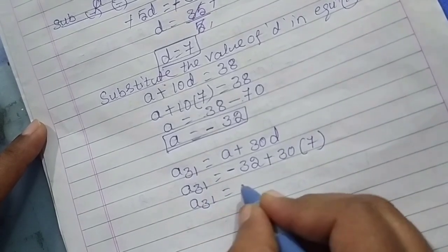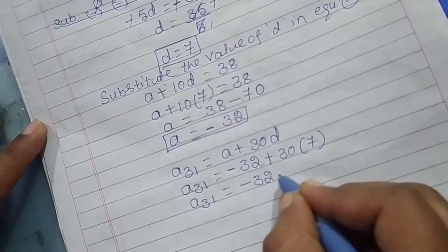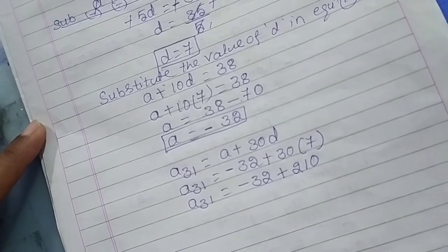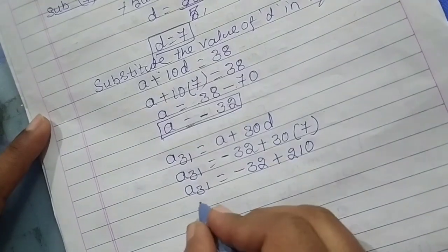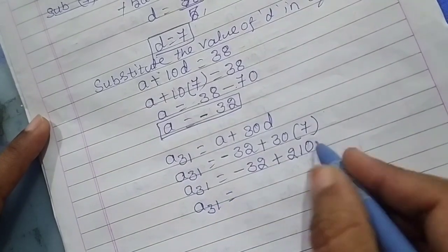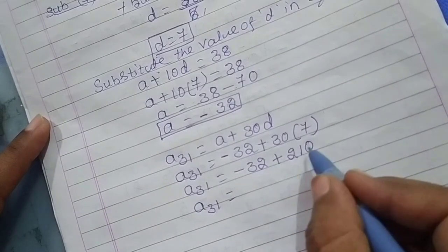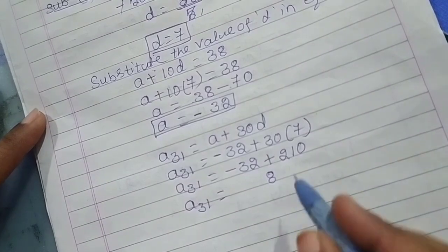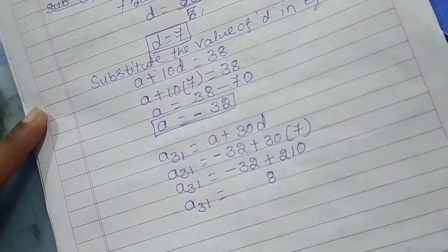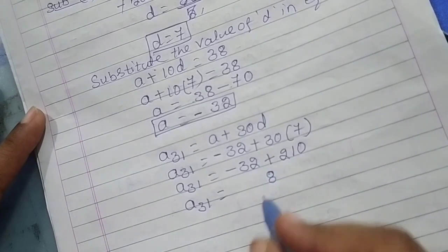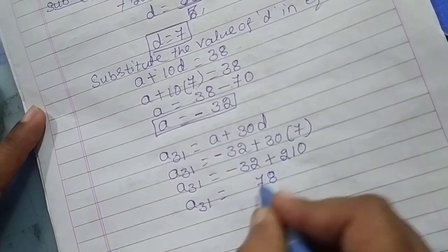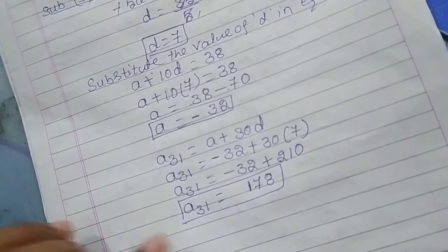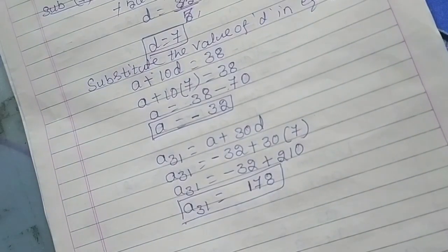A31 is equal to minus 32 plus 210. Then we have to subtract: 10 minus 2 is 8, here again 10, 10 minus 3 is 7, then here 1. So 178. The 31st term is 178.